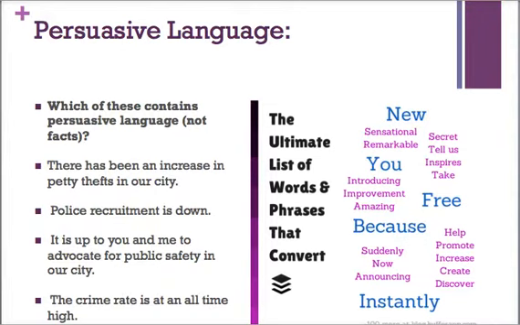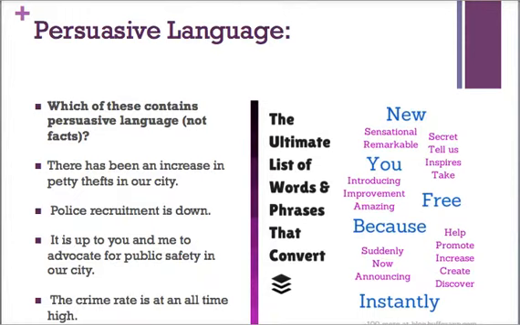Let's go on to persuasive language. On the right, you see it says the ultimate list of words and phrases that convert. That's persuasive language in the blue and lavender writing. The words new, sensational, remarkable, secret, tell us, inspires, take, you, introducing, improvement, amazing, free, because, help, promote, increase, create, discover, suddenly, now, announcing, and instantly.